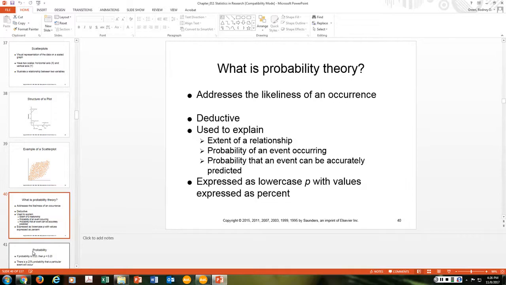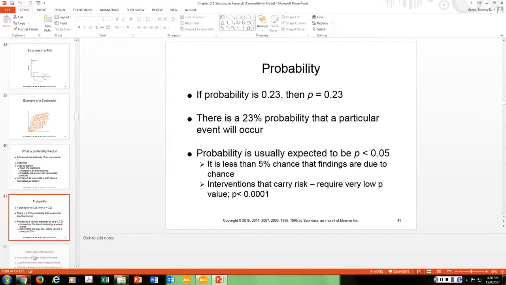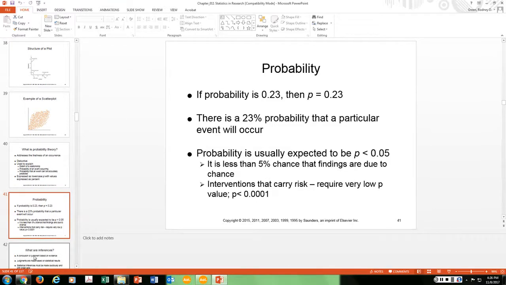It's used to explain the extent of a relationship, the probability of an event occurring, the probability the event can be accurately predicted, and it is expressed as a lowercase p with values expressed as a percentage. So if the probability is 0.23, then p is equal to 0.23. There's a 23% probability that a particular event will occur.